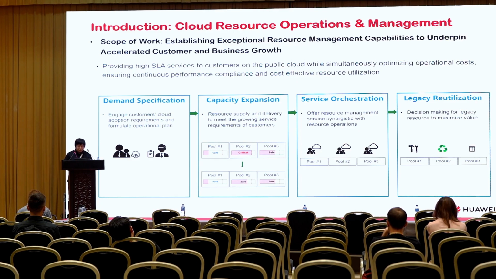The first one is the cloud resource operations, which begin with demand specification. Cloud resource demand typically refers to the requirements of CPU cores, memory, and storage capacity, and the number of GPU or NPU cards across different server types or hardware generations.